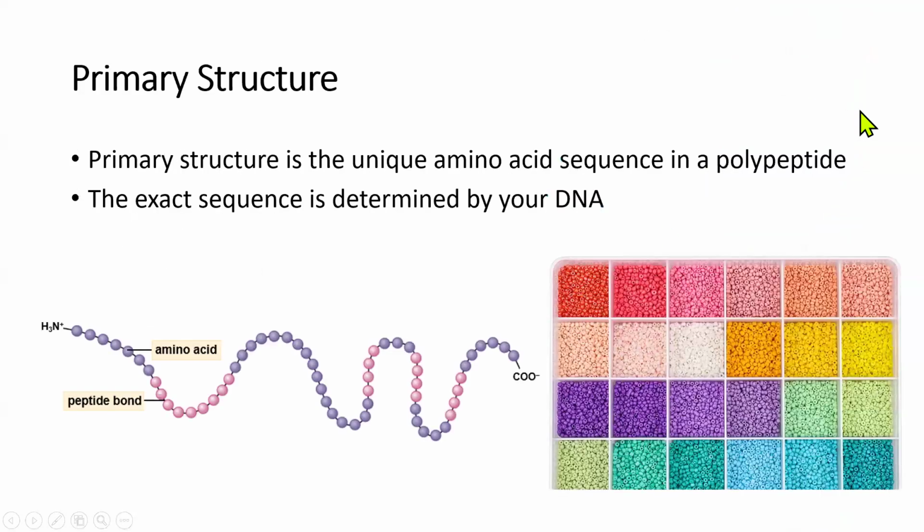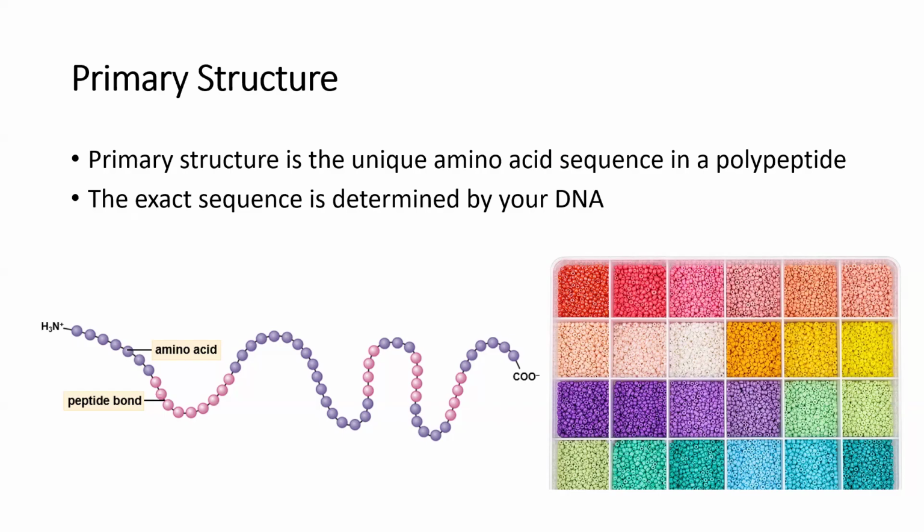The primary structure. I'll just read it to you first. Primary structure is the unique amino acid sequence in a polypeptide. You already know what a polypeptide is. A polypeptide is basically the entire protein. And if you read the amino acids that make up the polypeptide, that's the primary structure of the protein.